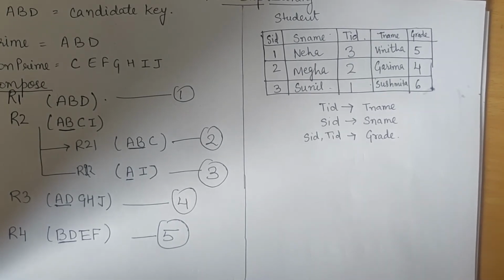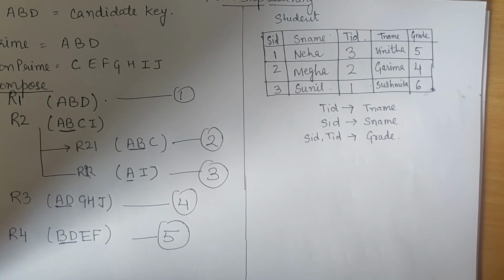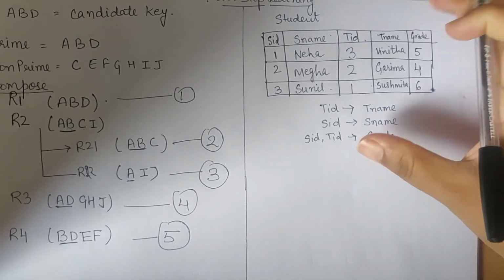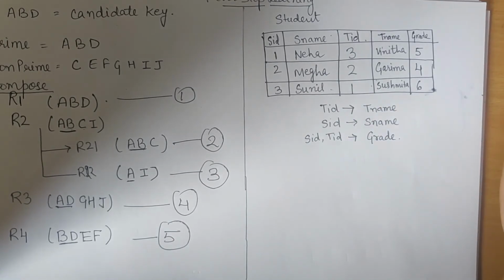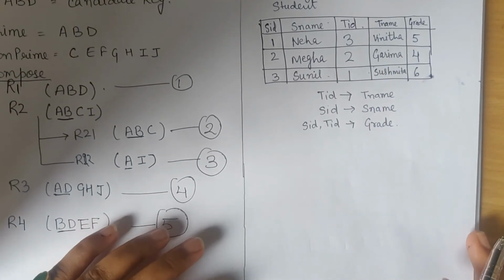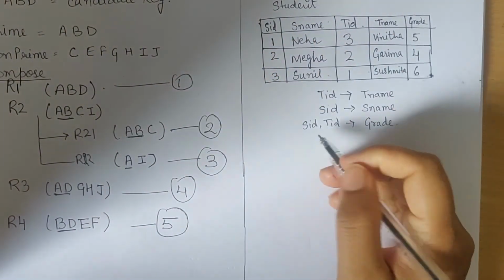Now next I have to check whether this table contains any partial dependency or not. And if there is any partial functional dependency, this table is not in second NF, and I have to bring it to second NF. For checking partial dependency, the first step is to find the candidate key. How many attributes can you see?